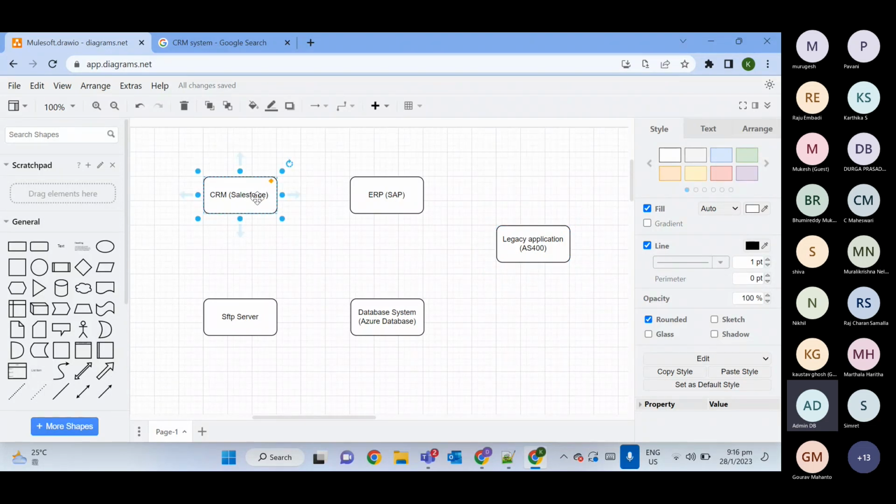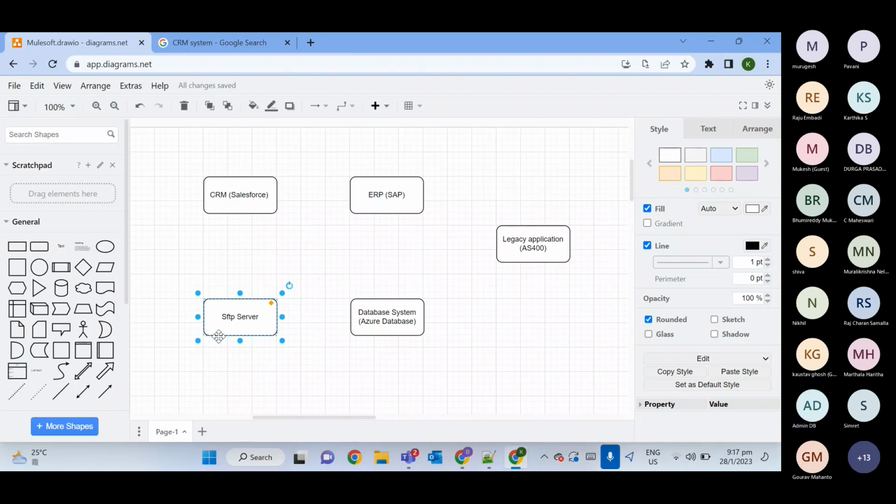So at that time, we need to exchange data from here to here. Sometimes we need to exchange data from here to here. Since these are heterogeneous systems, they don't know each other's technology, but to run this organization smoothly, they need to exchange their data. So what happens in between?